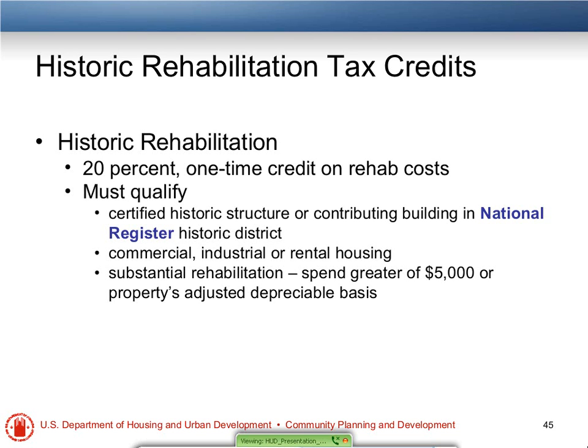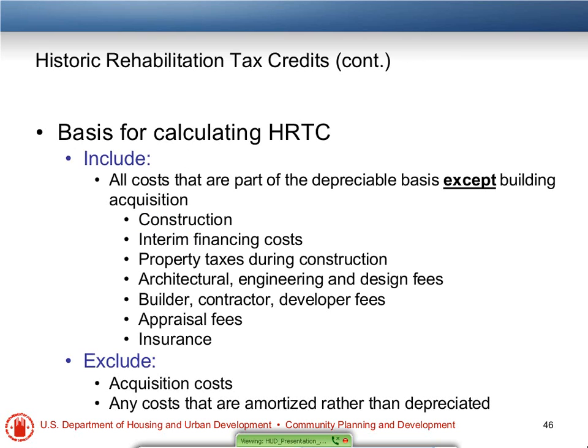All that means is what you paid for the project when you bought it, less what you've depreciated or written off through depreciation over time, will give you your adjusted depreciable basis. Once you've spent more than that, you can count the entire amount that you've spent on rehab that is eligible towards this credit. Let's look at what is included in basis.